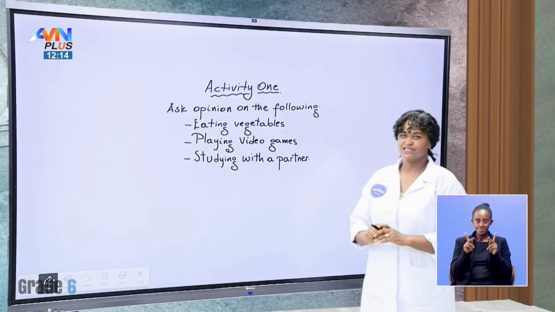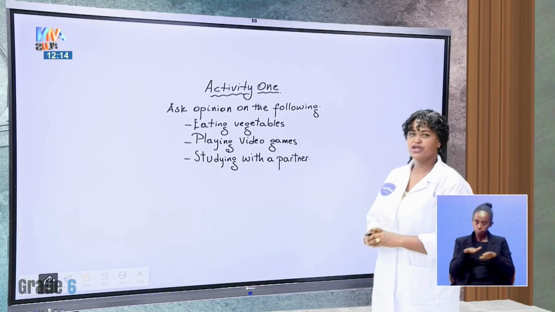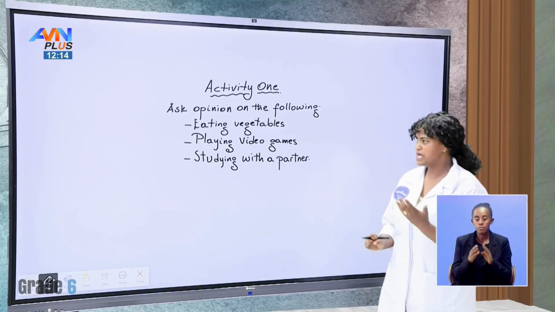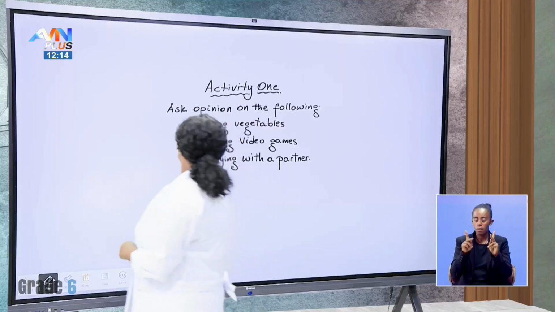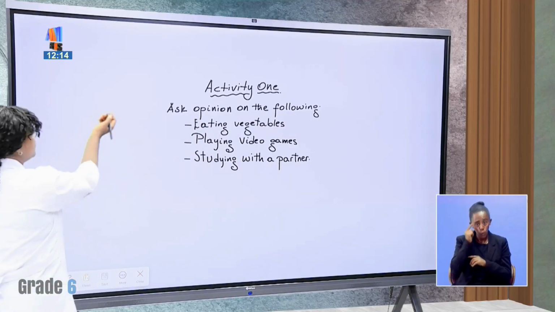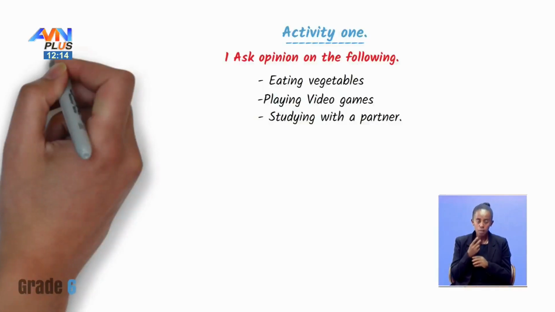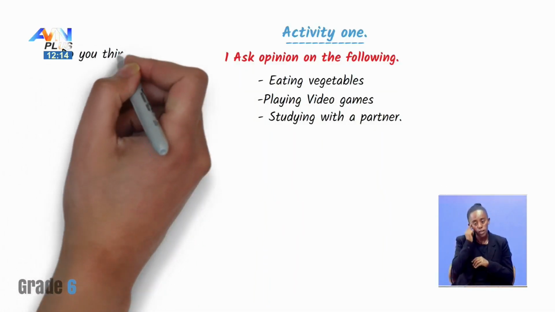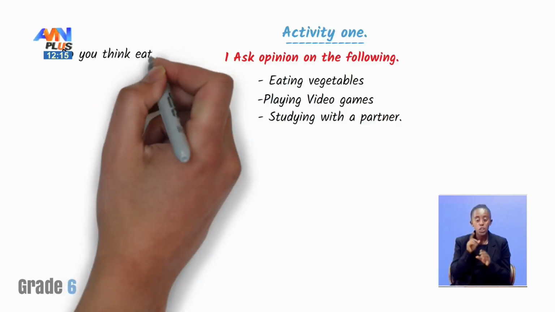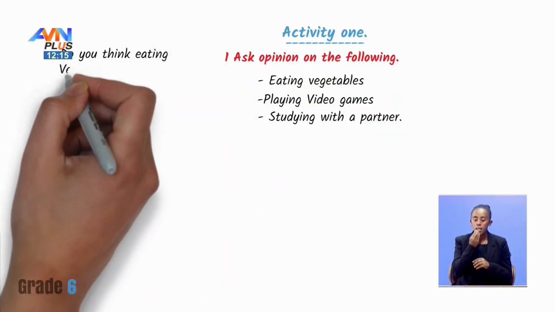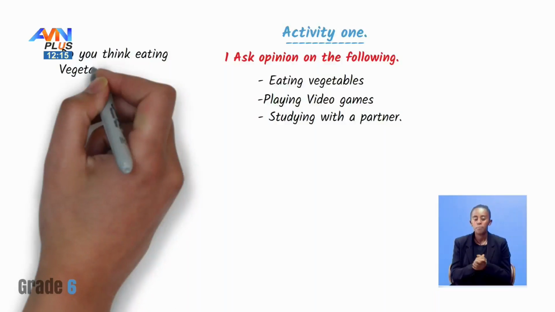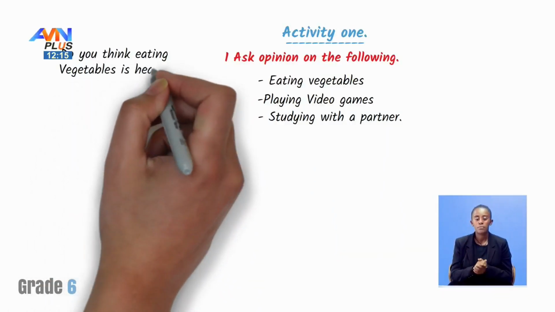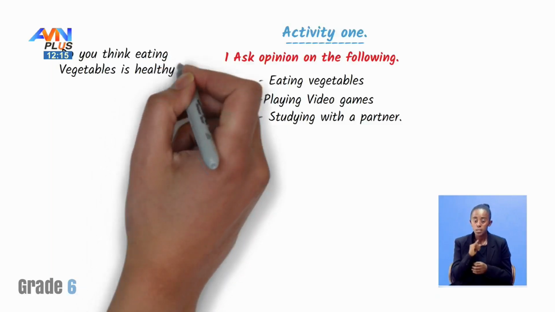Okay, we are back. 3 minutes is over, and I am sure you have used different phrases, yes? Let us just see an example. Okay, you can say, do you think eating vegetables is healthy?